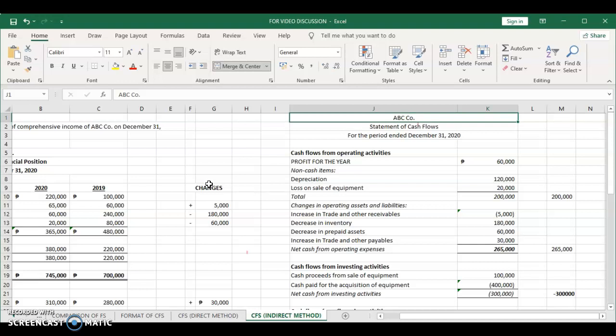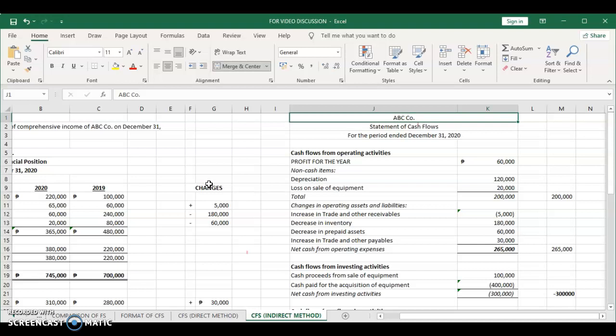I-determine muna natin yung mga reconciling items natin. So let's have it now. Okay, of course, we have here the heading. Okay, so punta muna tayo sa mga operating activities, no?